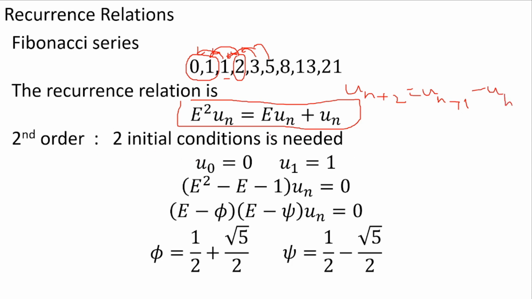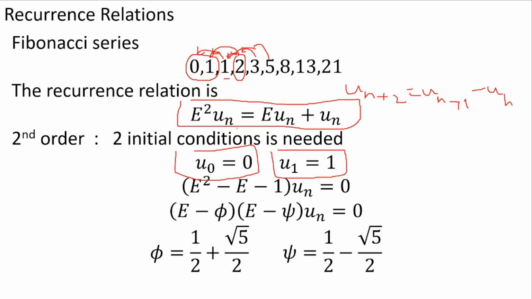We have two initial conditions here because we have a sort of second derivative, because we have e squared. So as with a differential equation, a recurrence relation like this will need two conditions to apply: the zeroth term is 0 and the first term is 1.